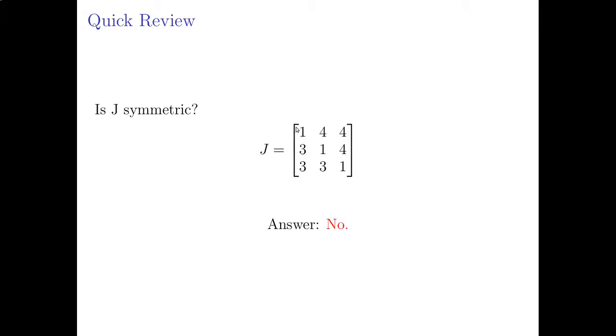No, it's not, because even though you can draw a line from upper right to lower left and say that it reflects across that, again, that's not what matters. What matters is the upper left to bottom right diagonal, and it is not symmetric across there. Row 1, column 2 is 4, but row 2, column 1 is 3, therefore this does not meet the requirements for symmetry. What about this guy, K?